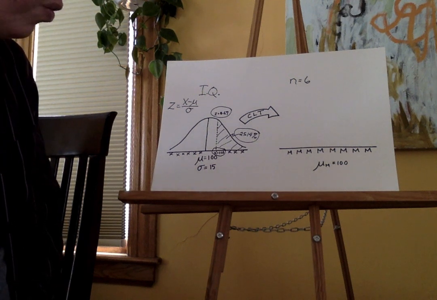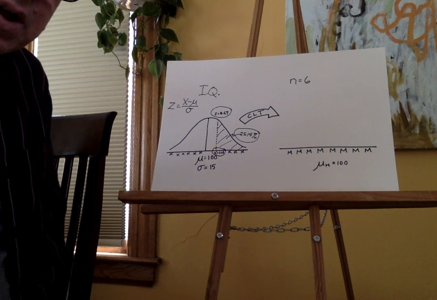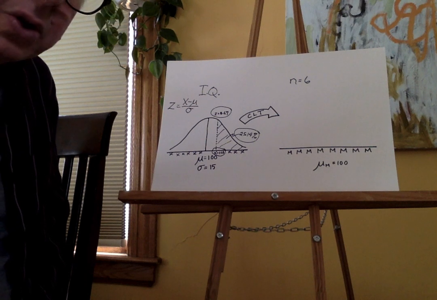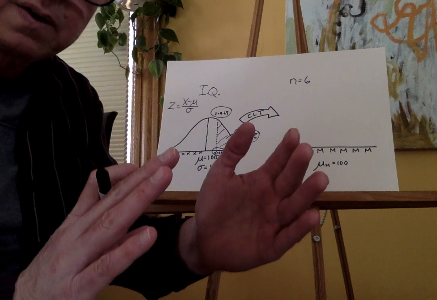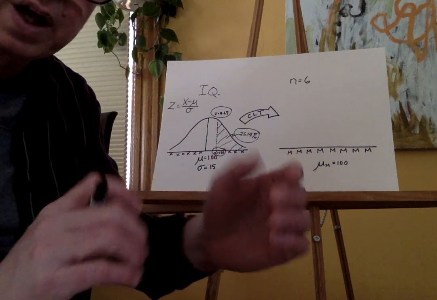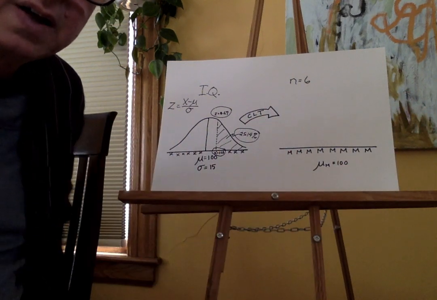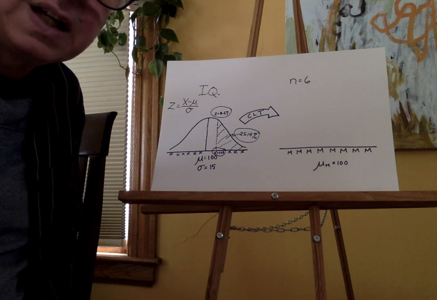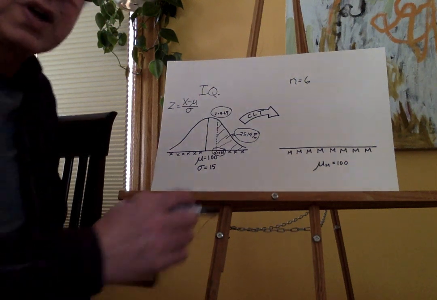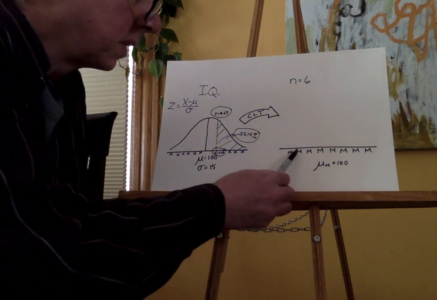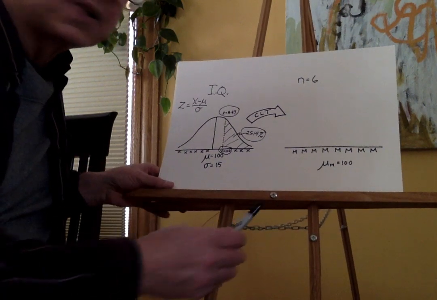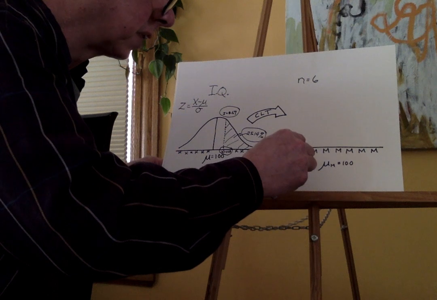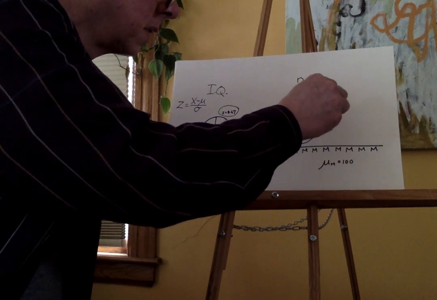And so we know that this distribution of sample means will have a smaller standard deviation. The variability will come in. That's called regression to the mean. And so when we start plotting these means for samples, what we're going to see in this case is a distribution that looks something like this.